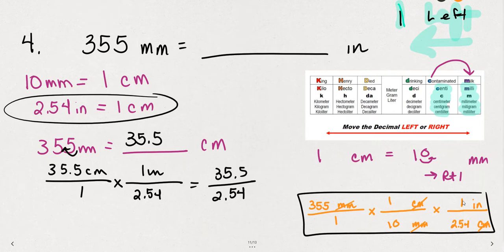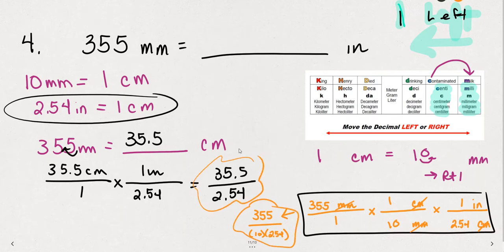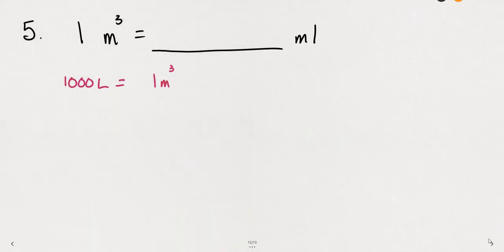So it's going to be 355 over, sorry, I kind of ran out of space here, but I'm going to put it to the left here, 355 over 10 times 2.54. And either way, if you use this orange or this black, you'd get the same answer. You might try it both ways just to verify for yourself that you know how to do it, doing that either way.